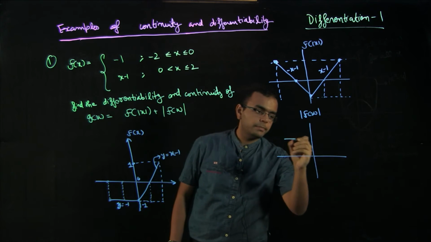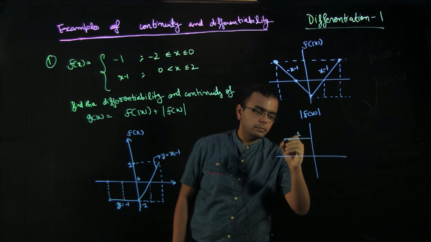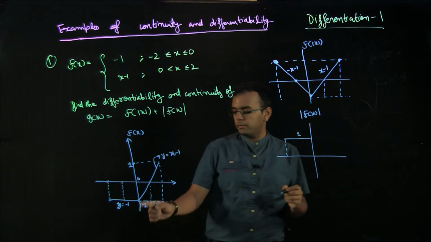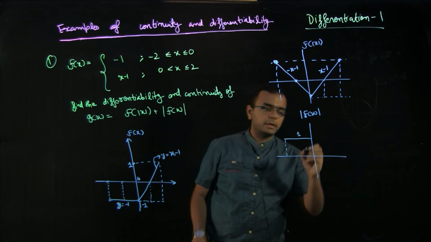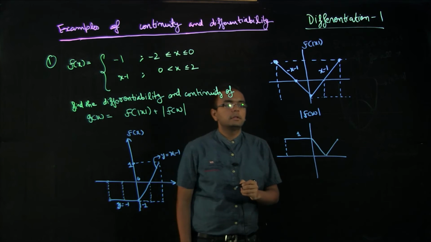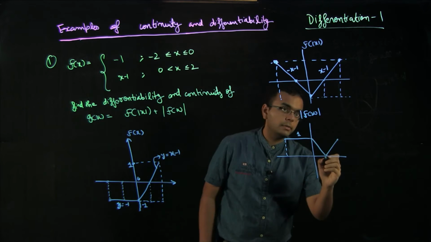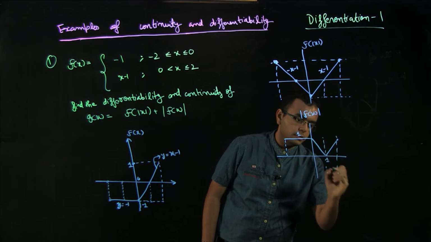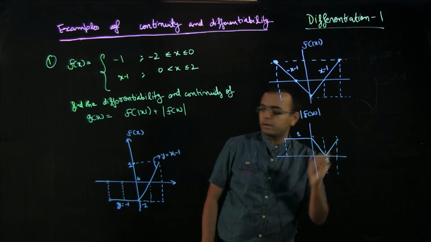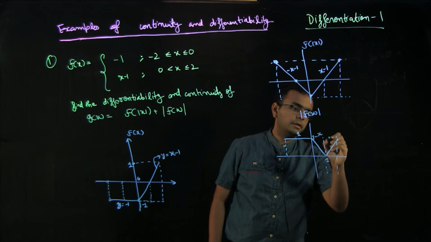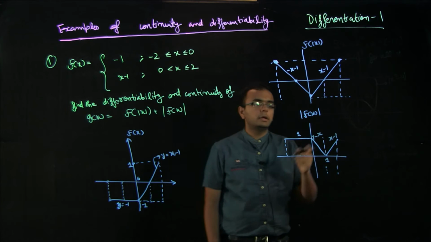So this will be 1 here, and then we'll have something like this and like this. This part will become 1 minus x, and this part has become x minus 1.